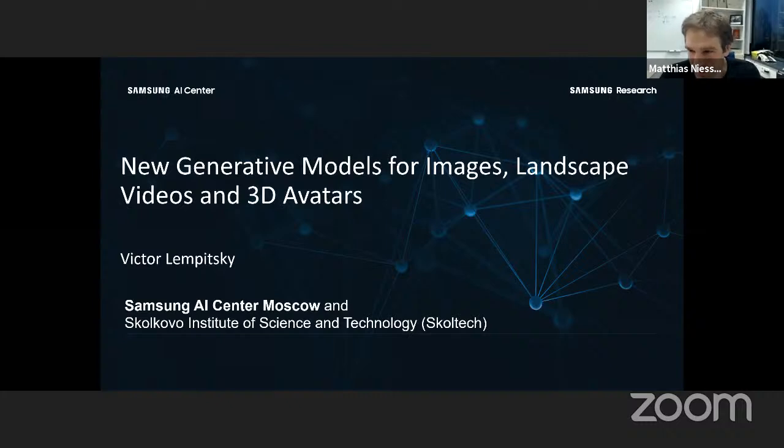It's a real pleasure to have Victor Lempitsky here today. Victor is an associate professor at Skoltech in Moscow. He's leading the computer vision group there. He's also affiliated with the Samsung AI Center in Moscow, and I assume most of the work is in co-authorship between these two institutions. If you don't know Victor, he's a luminary in computer vision. He's been working in these areas for quite a while, and every year he comes up with new stunning research.